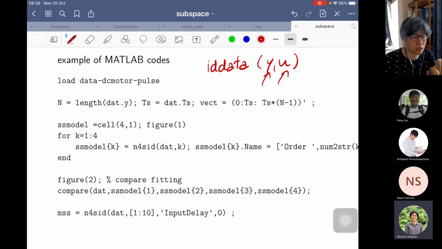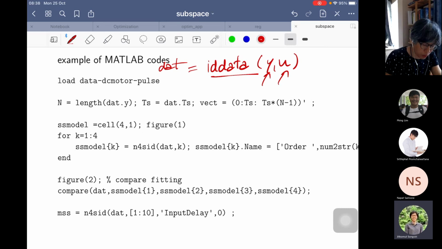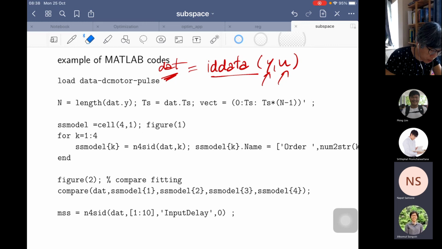This is always a pair of input-output data. Using iddata, it converts the data to the system identification format. If you keep the data in this format, you can call many estimation methods in this toolbox.